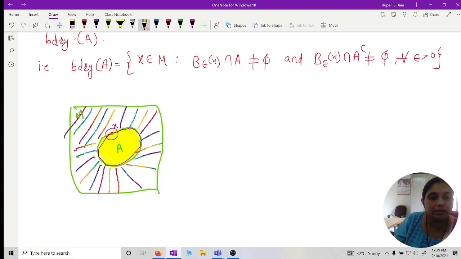Is that right? So if every neighborhood of X intersects A as well as its complement, then that point is said to be a boundary point of A. So all these points are nothing but boundary points. Okay. Can you understand this?